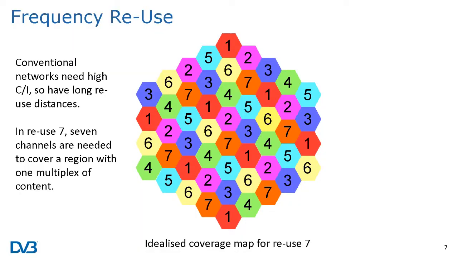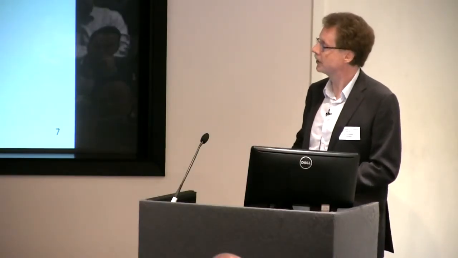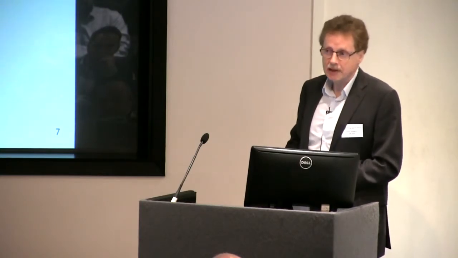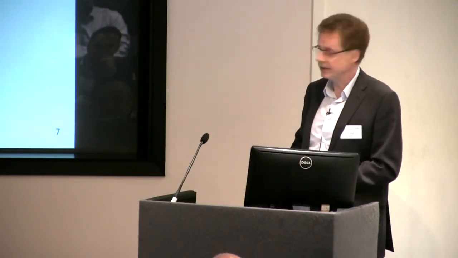Now, frequency reuse. I want to talk about that second element that we hadn't really got a good abbreviation for. Those tall blue rectangles in the previous slide illustrate that we're having to transmit those multiplexes at quite high power because they're using high order modulation up to 256 QAM. So they need quite high carrier to interference ratios, typically heading towards 20 dB.